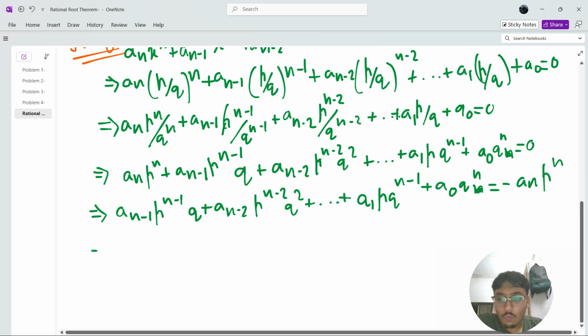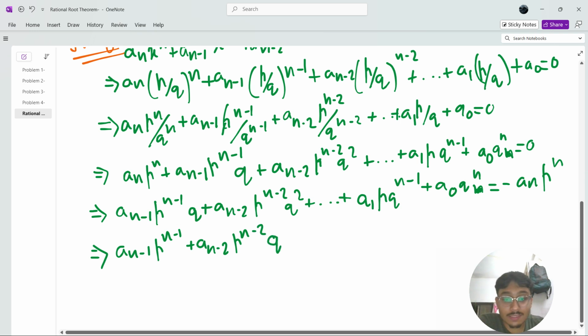Then what will be left with is this. What am I going to do? I am going to take this q to the right hand side. What am I left with? a_(n-1) p^(n-1) plus a_(n-2) p^(n-2) q.